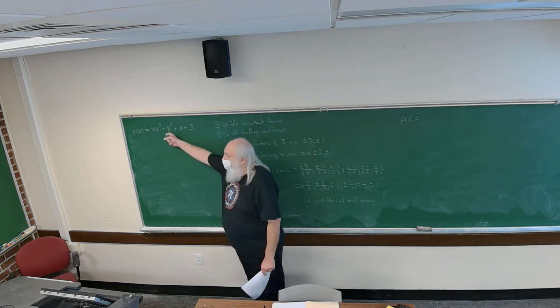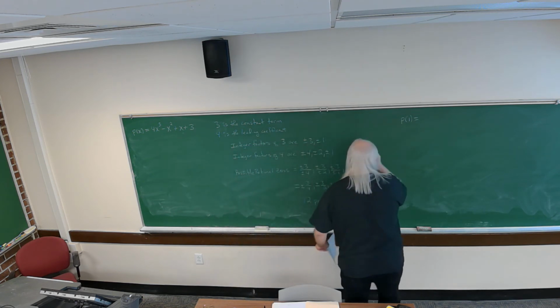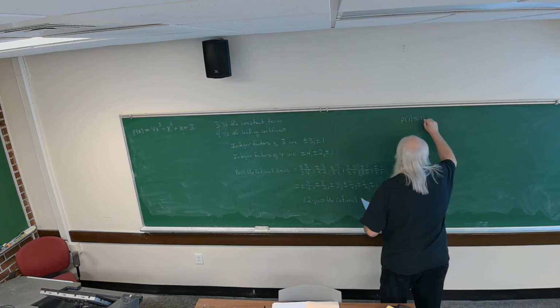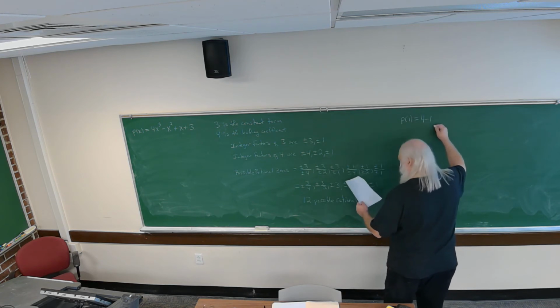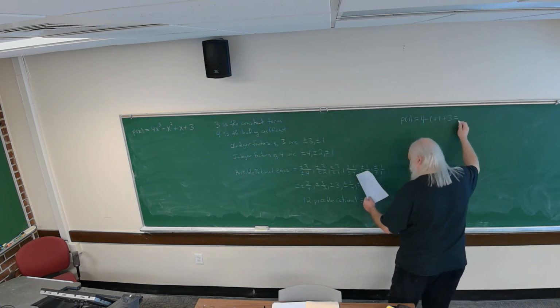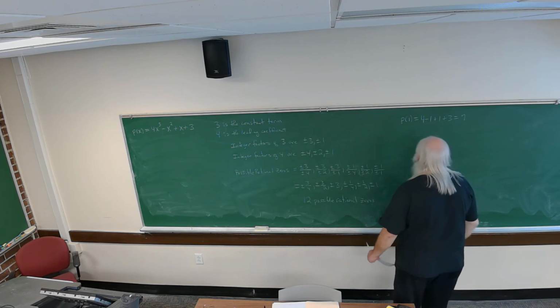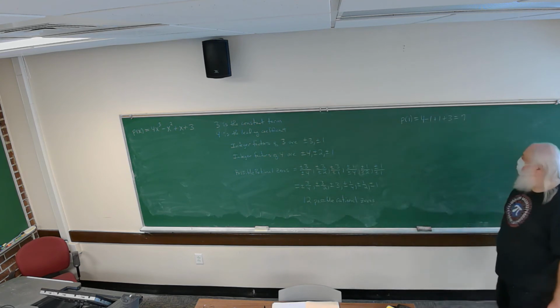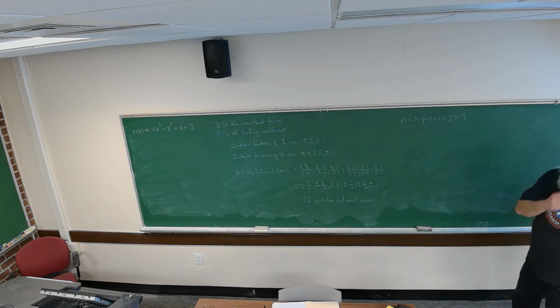And when I put in 1 for x on the right hand side, I have 4 minus 1 plus 1 plus 3, which is equal to 7. So x equals 1 is not a 0.